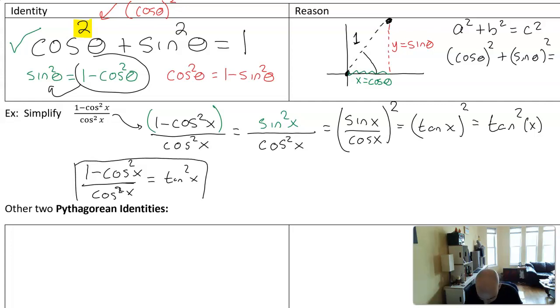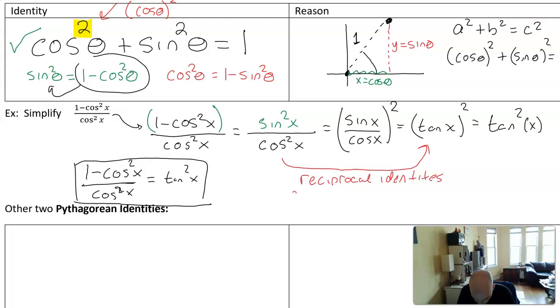Again, is this a useful identity that you should memorize? No. But it is a true fact that would be true for all x around. And actually, just to highlight a cool connection, the reciprocal identities also work with the functions squared.